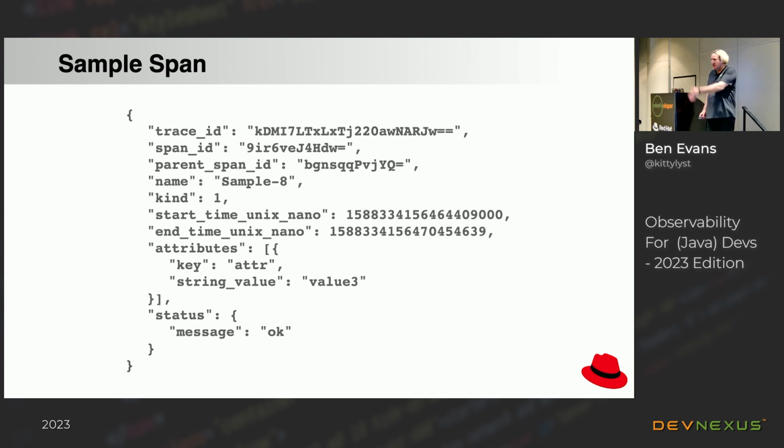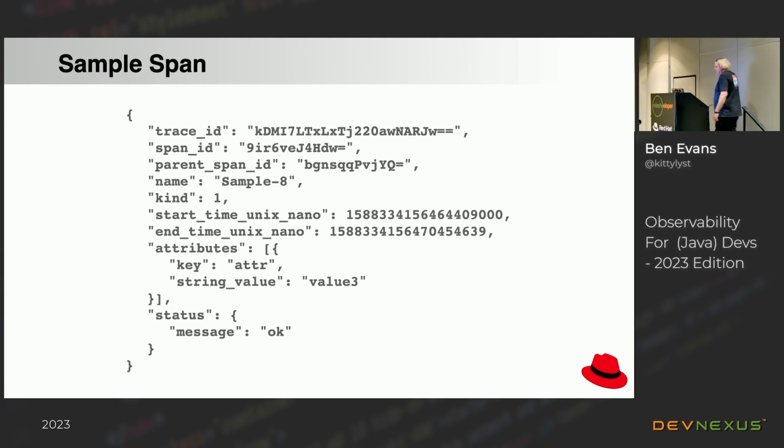You send all of these things up into some sort of external observability system, and then it sorts them and collects the different pieces of the trace ID, and then it stitches together the span IDs and the parent span IDs to reconstruct it. And then we have the other sorts of metadata we have. We've got a start and end time, we've got some attributes, we've got a status, all of those things that we might want.